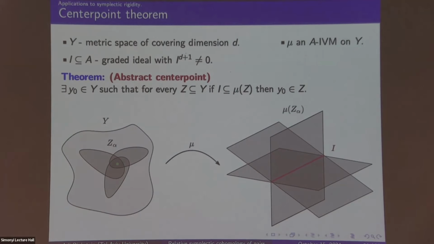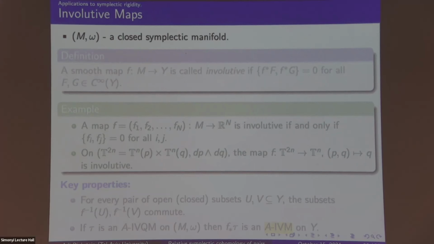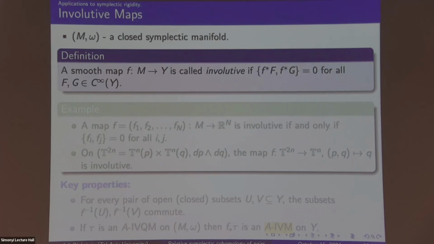And what is the connection with ideal valued quasi-measure? We want to translate this result to the symplectic world, and to do that, I have to define the notion of involutive map. What is an involutive map? Given a symplectic manifold, an involutive map to a smooth manifold Y is a smooth map with the property that the pullbacks of any two smooth functions on Y give you two Poisson commuting functions.